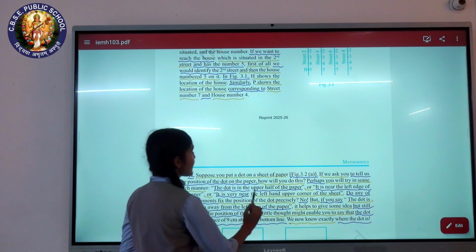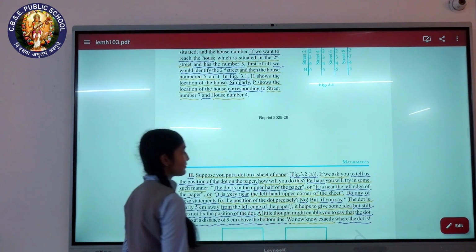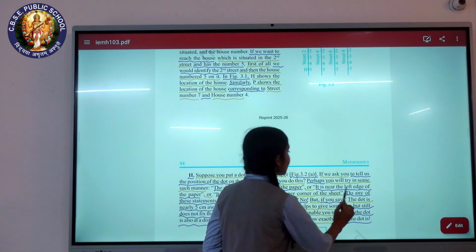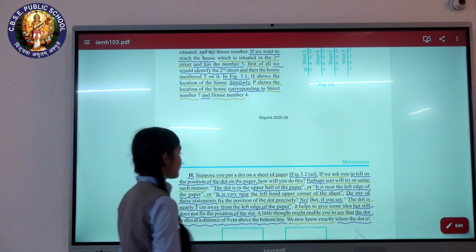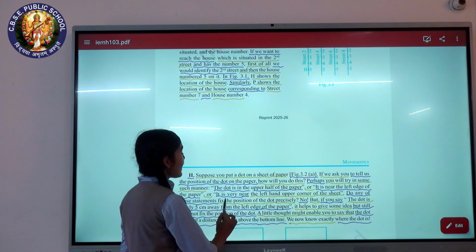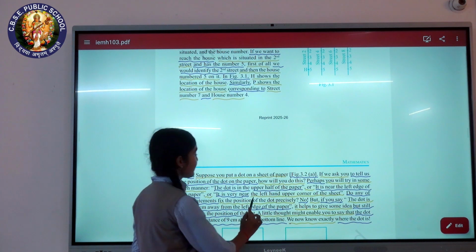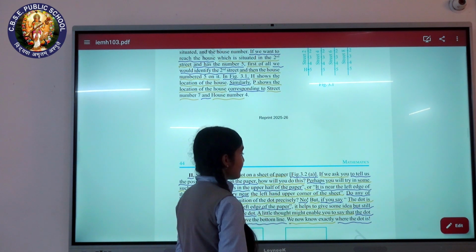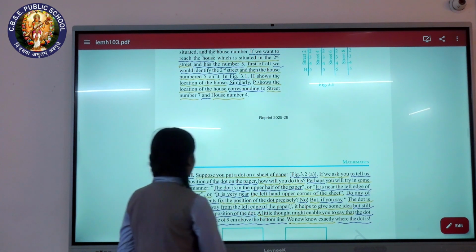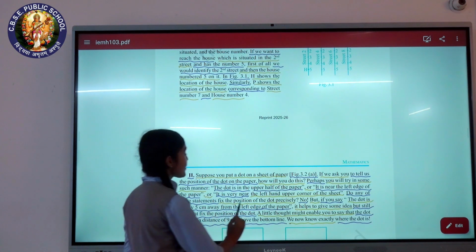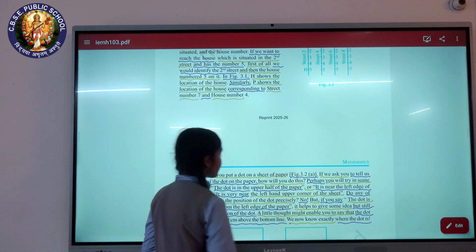The dot is in the upper half of the paper, or it is near the left edge of the paper, or it is very near the left hand upper corner of the sheet. Do any of these statements fix the position of the dot precisely?